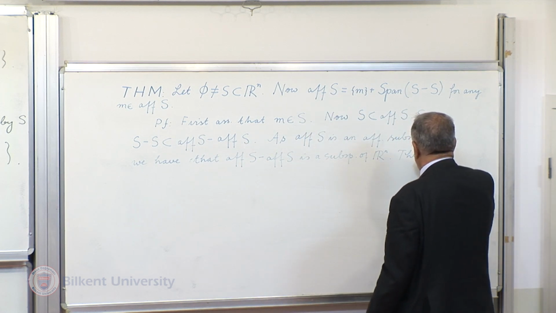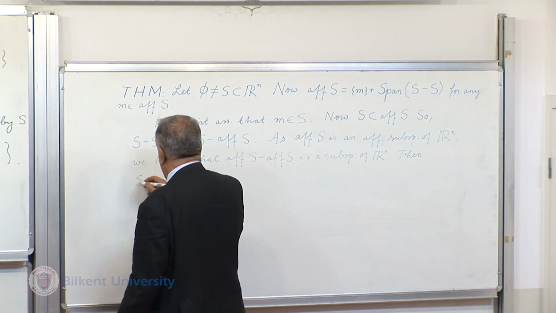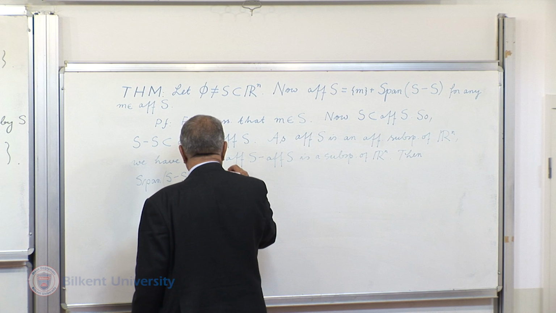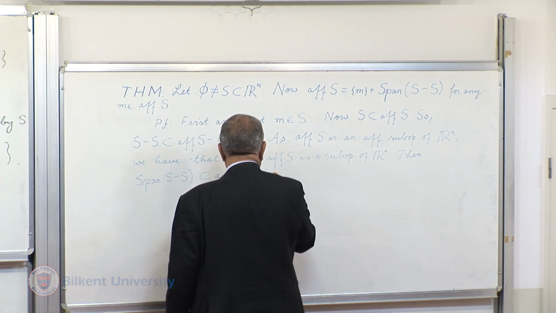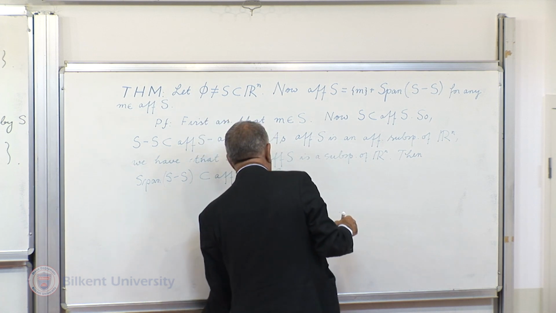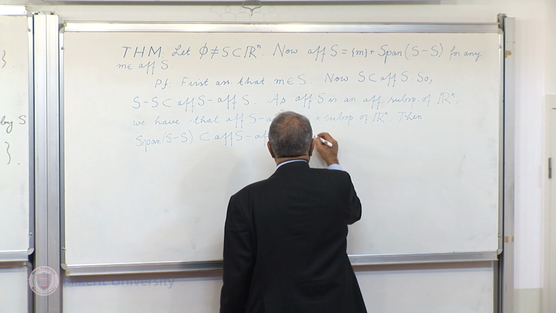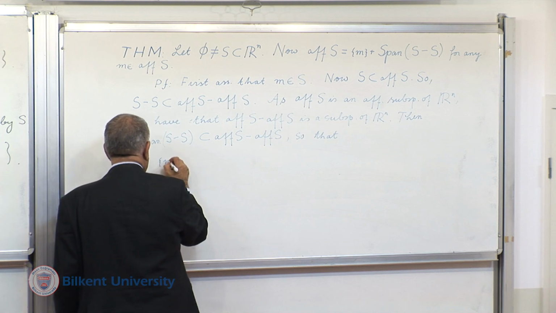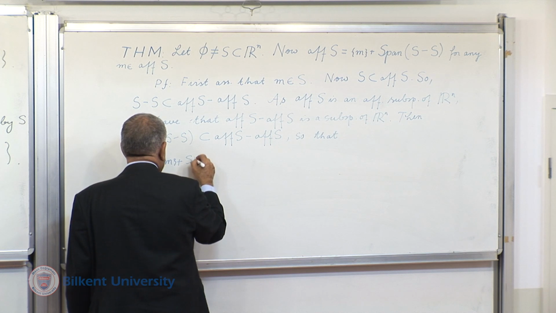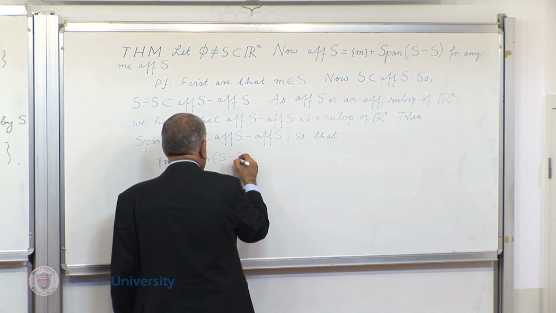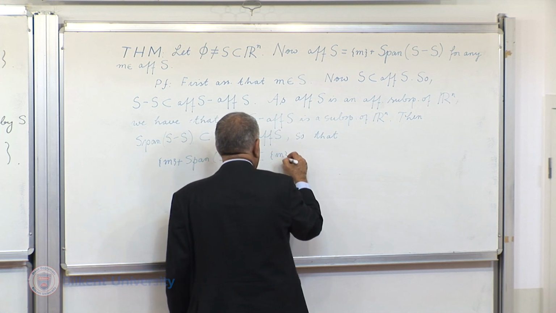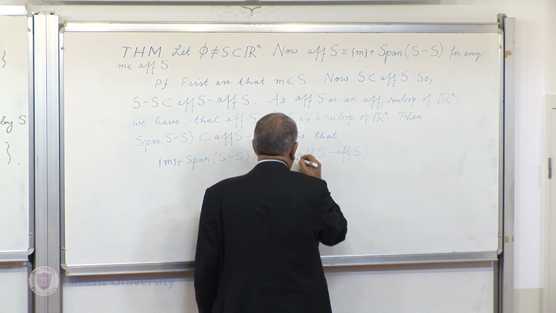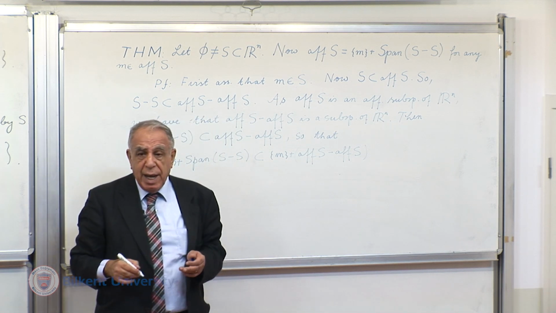Then span S minus S is contained in affine hull of S minus affine hull of S, so that if I add M to both sides, singleton M plus span S minus S is contained in singleton M plus affine hull of S minus affine hull of S. But what do we know about this right-hand set?